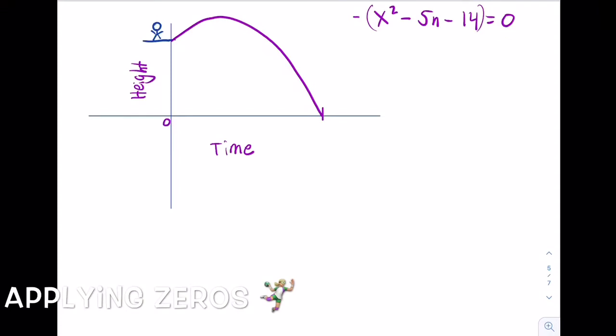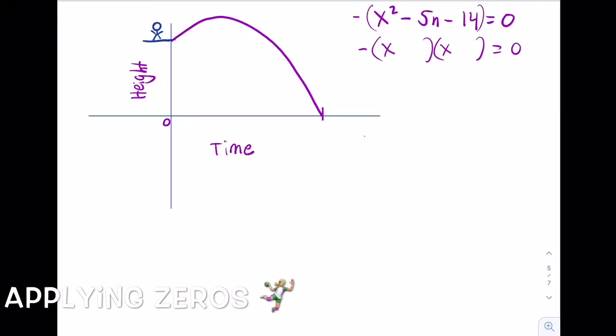So you can factor this. Divide by -1 to get everything positive, though you could just leave it there. But if you factor it out, it'll be something like that, equals 0. And if you factor it, you need two factors that multiply to -14 and add to -5.